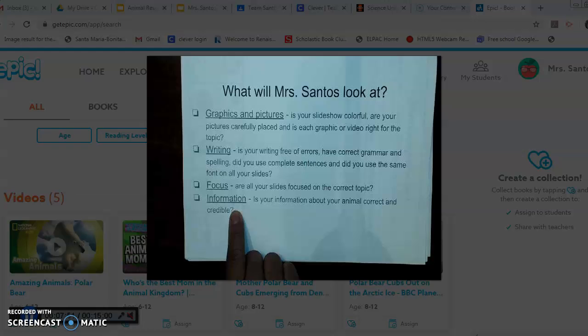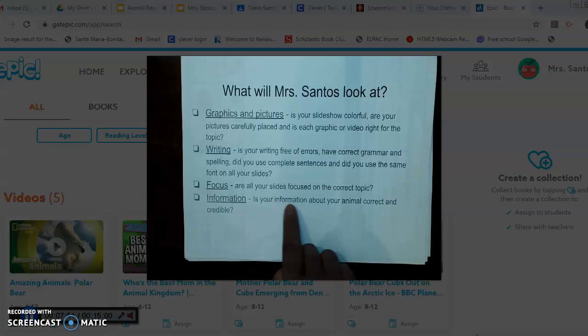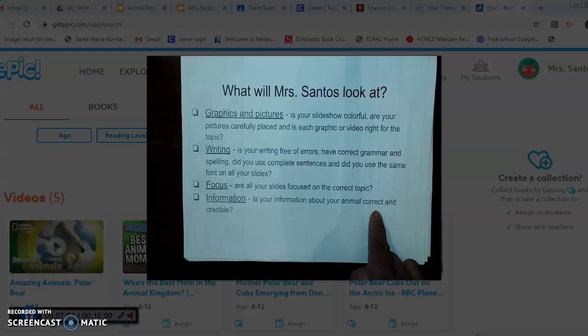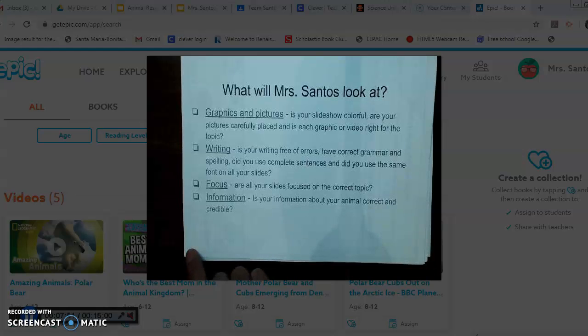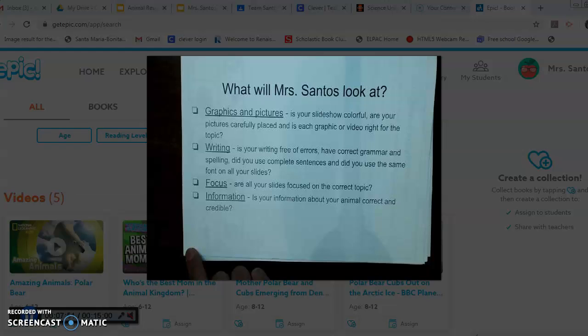Last but not least, I didn't add it here, but I'm going to say it. Is your information about your animal correct and credible? You didn't make it up, right? Sloths are not orange and purple. No. That's information I am making up and not credible.